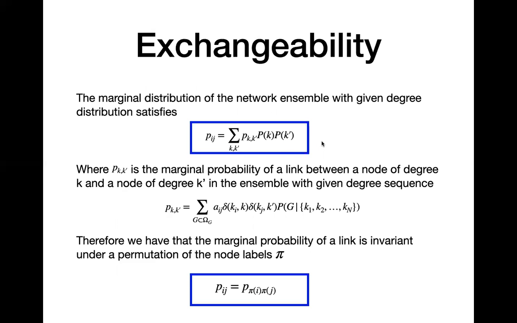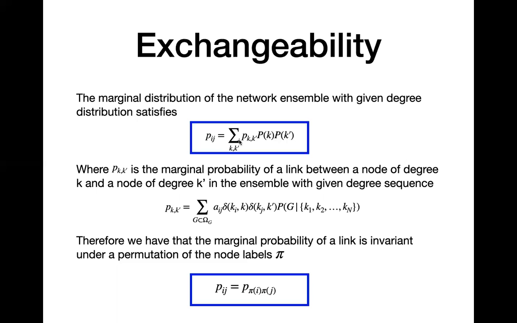And interesting, if you consider this ensemble, you find that the marginal, so the probability that i connects to j, is given by the sum over all the degrees k and k prime of the probability P_{kk'} that i is connected to j, given that i has degree k and j has degree k prime, multiplied by the probability that one has degree k, which is P of k, and the other has degree k prime, which is P of k prime.